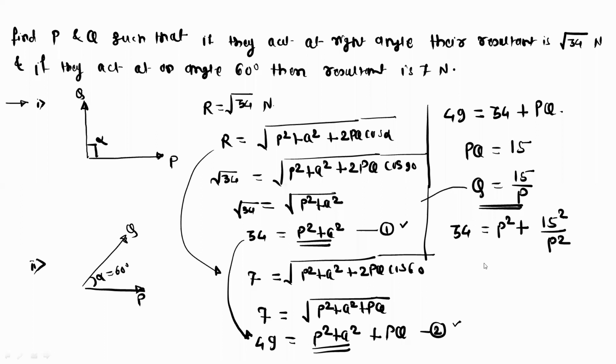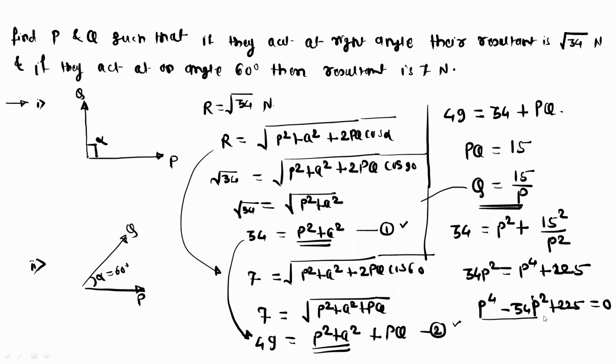Just multiply this. So 34 p square equals p raised to 4 plus 15 square, which is 225. From this we get p raised to 4 minus 34 p square plus 225 equal to 0.